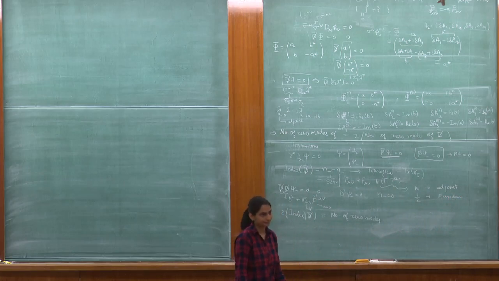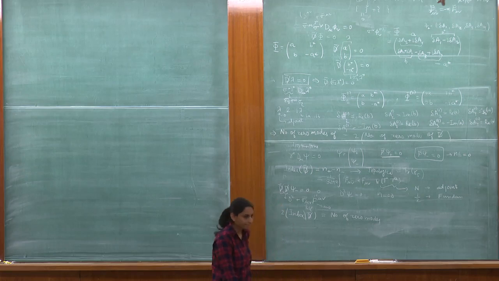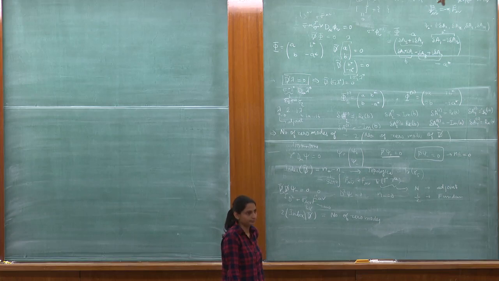This is how we were counting. So now let's look at that 2N when N is equal to 2. 2N becomes 4, and 8 zero modes we already counted in SU(2), and there are 4 solutions to lambda. So the number of zero modes for an adjoint was that 4.